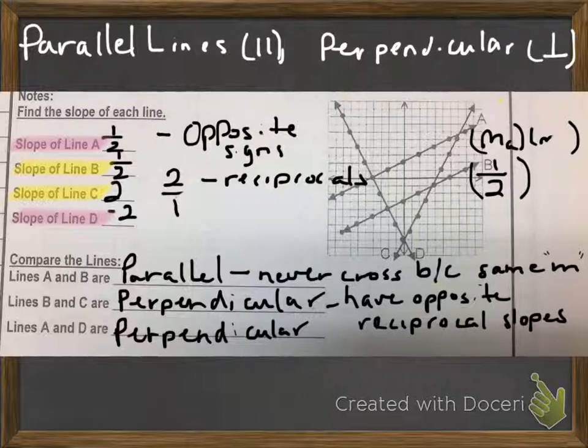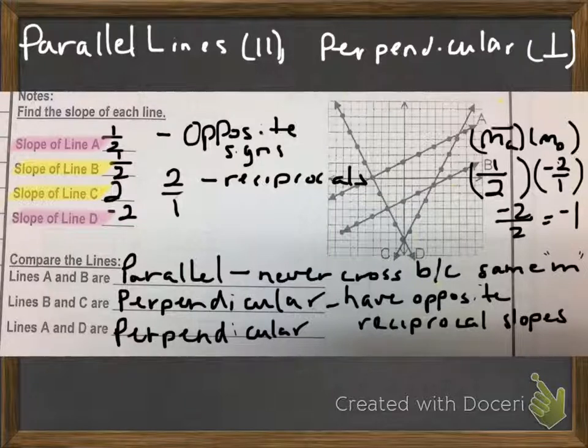So A is 1/2, D is -2. If I want to multiply, I can put them as -2 over 1, right? 1 times -2 is what? -2. 2 times 1 is 2. So my product is -1. Put a pin in that for just a second.